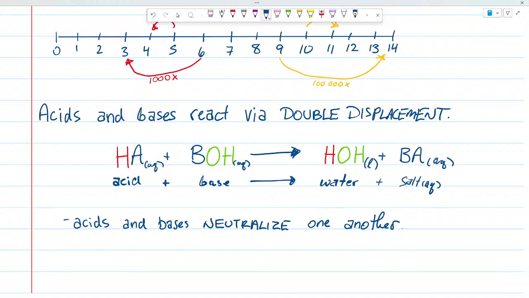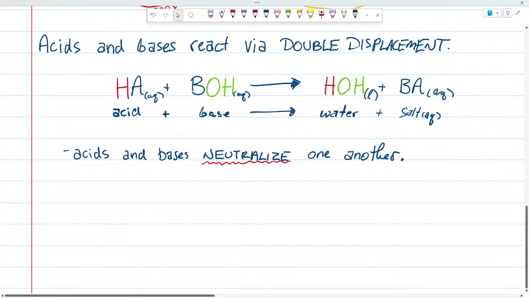When we say they neutralize one another, what do we mean by that? Sure, but they don't just equal each other, they neutralize each other. That's right. If you look here, what made this acidic was that it was an H plus ion floating around. And what made this basic was that it was an OH minus ion floating around.